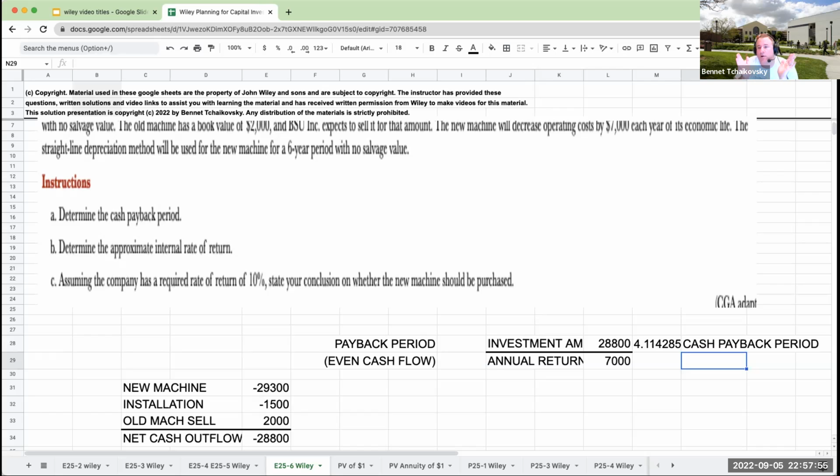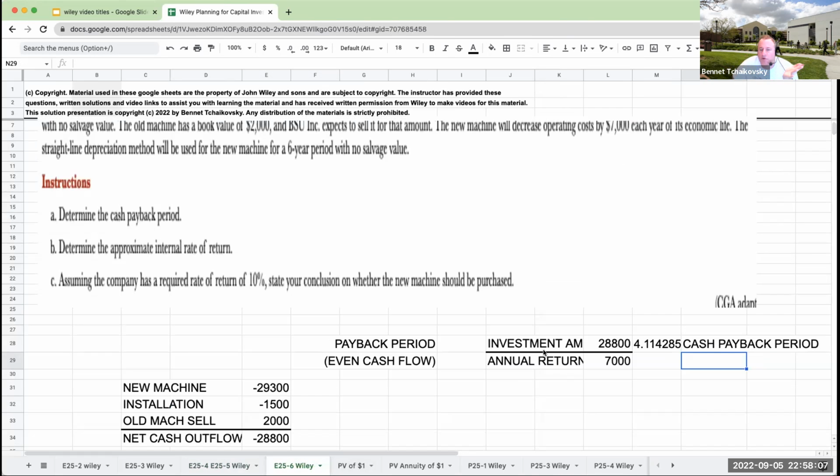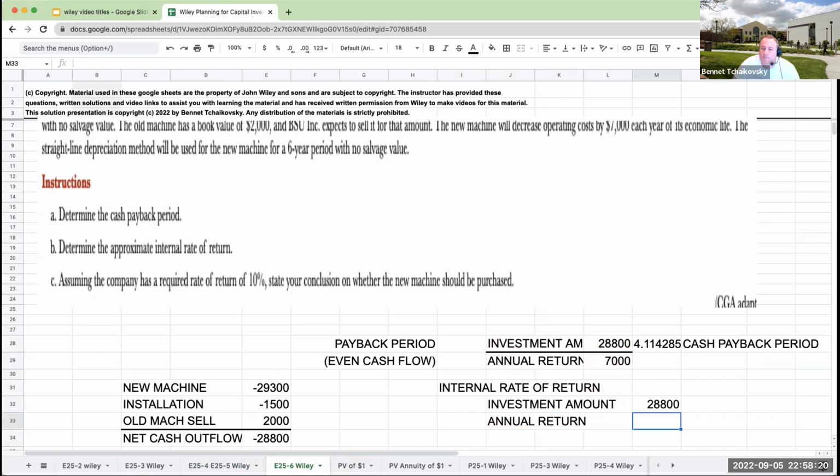Now, the internal rate of return is what makes the net present value go to 0. And believe it or not, by doing this one we've also done the internal rate of return. It's the same formula. Our factor is going to be 4.114285.